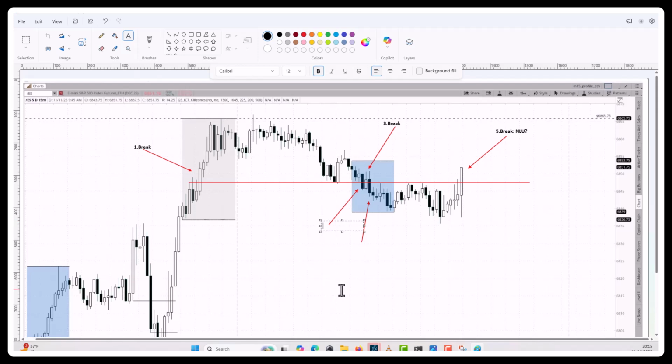So number 2 is a reclaim, right? And number 4, you got a reclaim also.